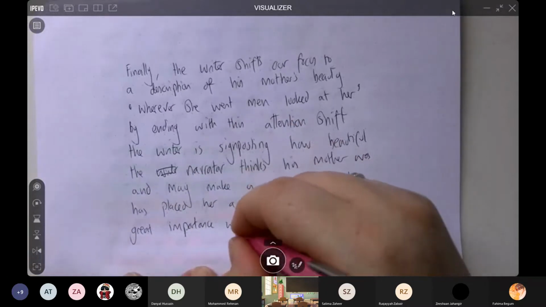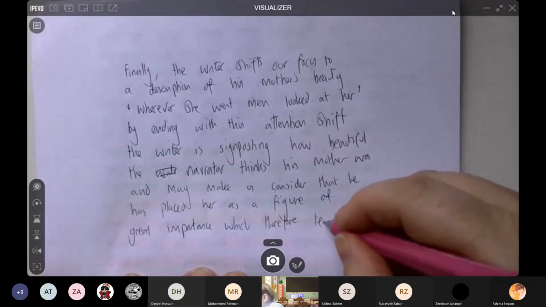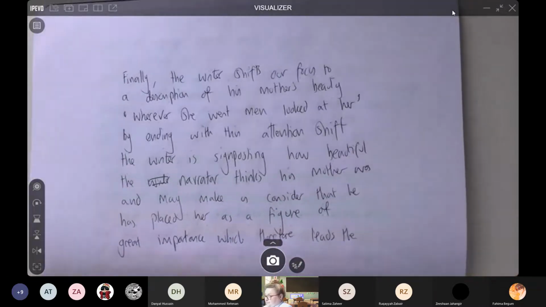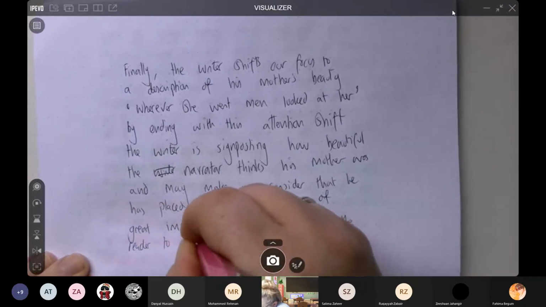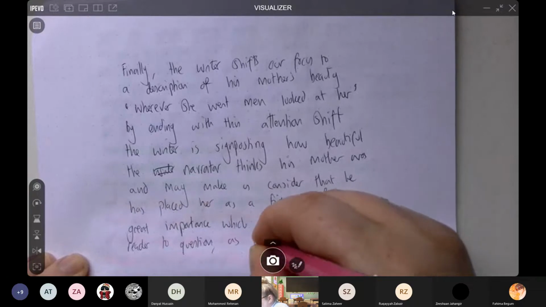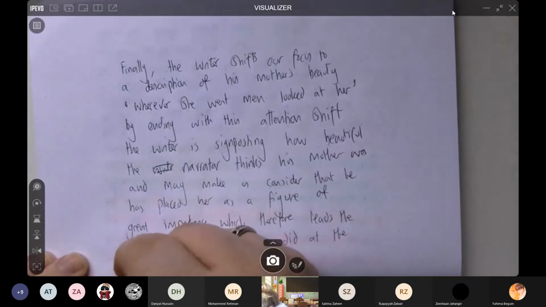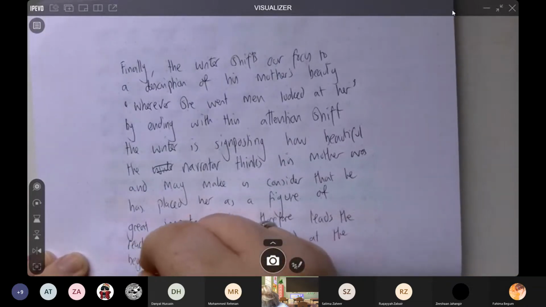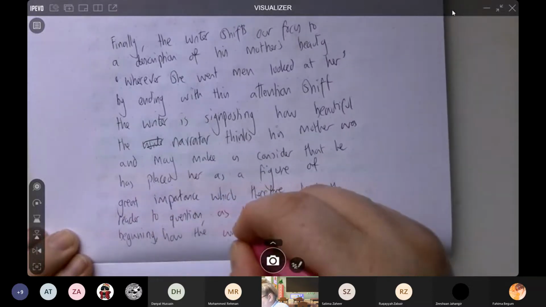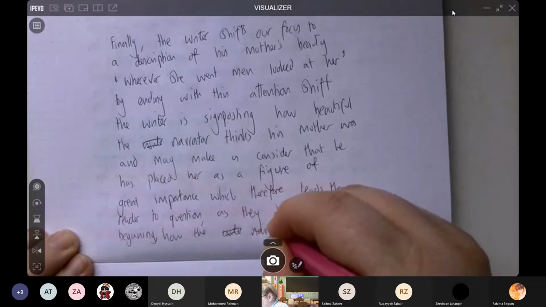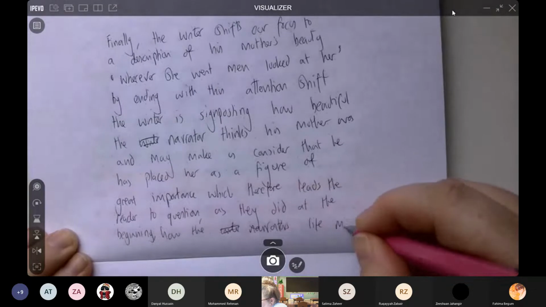Which therefore leads the reader to question, as they did at the beginning, how the writer's life, how the narrator's life might have been different.